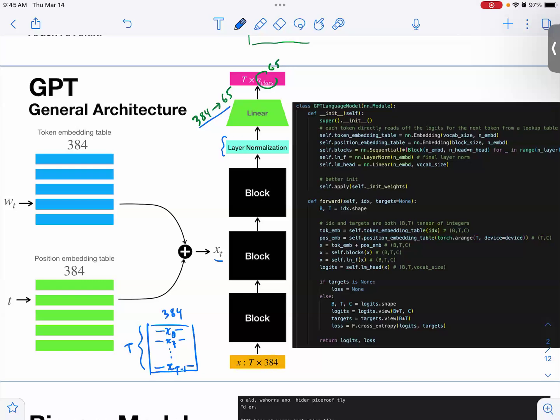So at this point, you get T by 65, where 65 is the size of our dictionary. You can think of each one again as the logits for the next word, and then we take the last one and apply softmax to predict the probabilities of the next word.